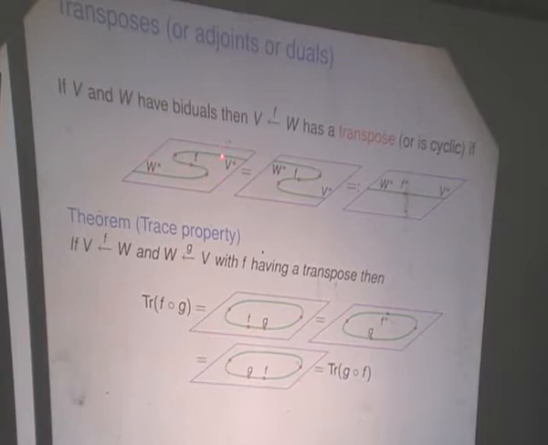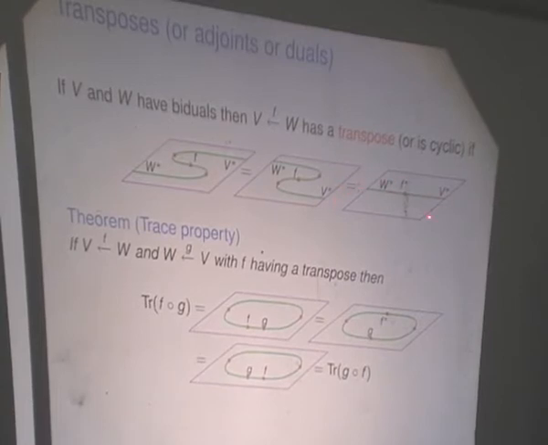We can either compose that way or we can compose that way. And we want them to give the same answer. So in most nice monoidal categories, these things will work, but it doesn't follow automatically. So in that case, we say that F is cyclic or has a transpose.